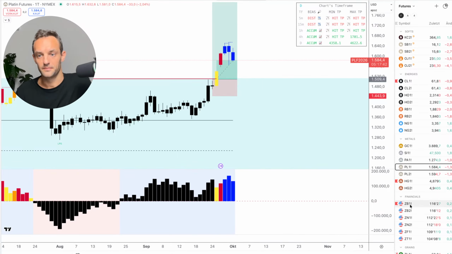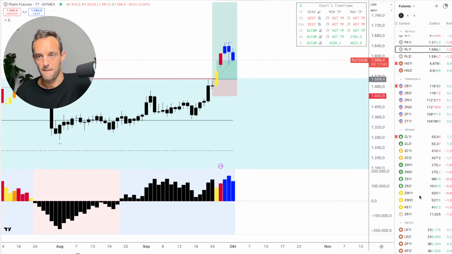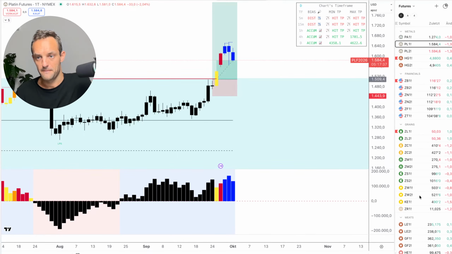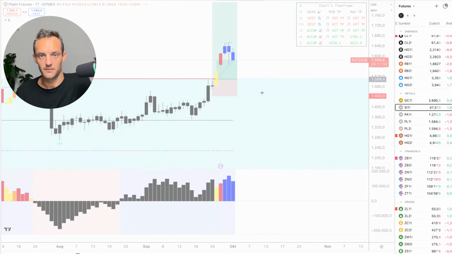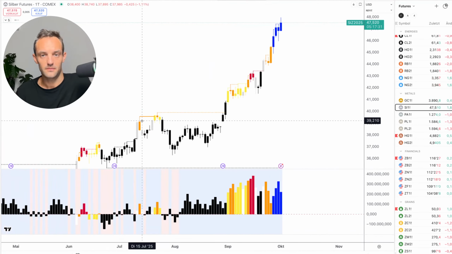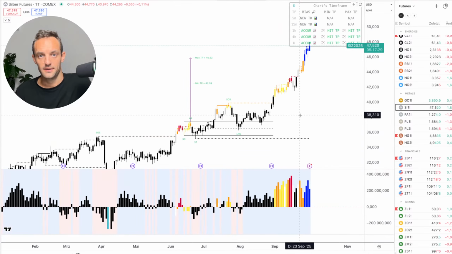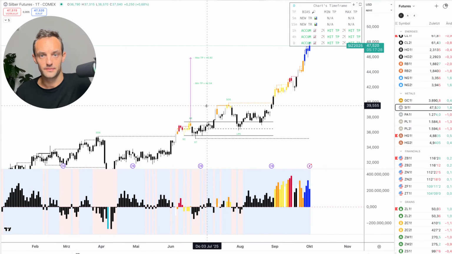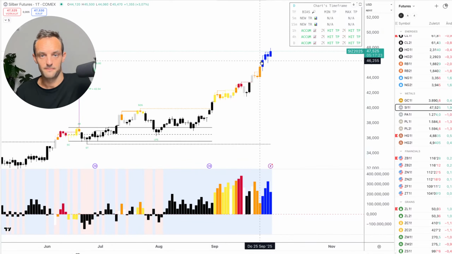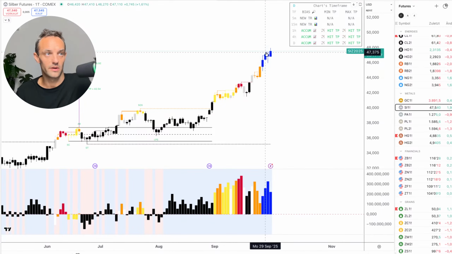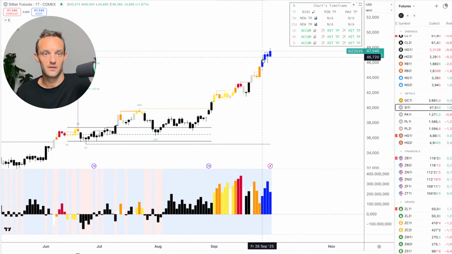Silver. Where is the silver? Here. Oh, silver is really bullish. Colorful candles. So when this color goes on the daily chart, I hope you're already in, Daniel, silver.